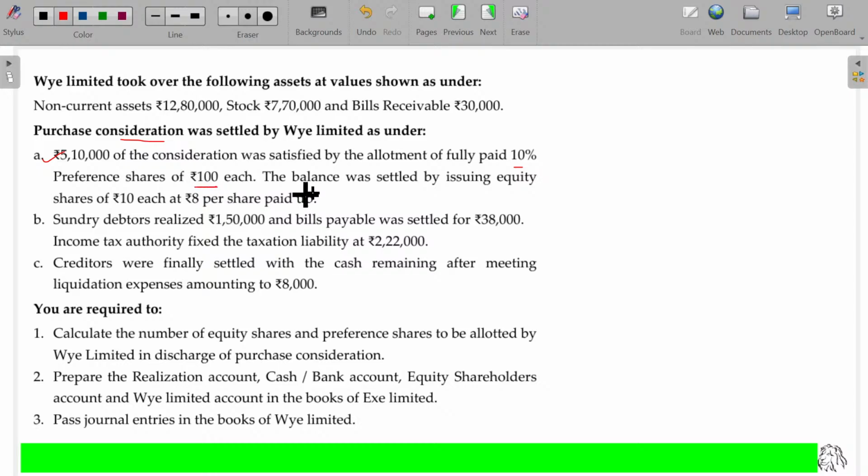The balance was settled by issuing equity shares of rupees 10 each at 8 rupees per share paid up. Clear?